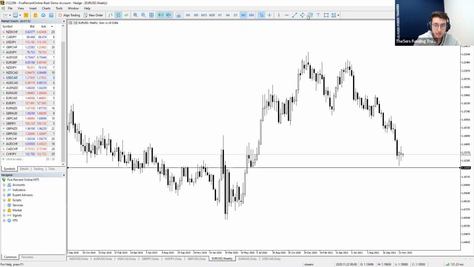Okay, and actually, you see this little movement here. It's exactly the move above that we see. So this zone here is exactly the zone that I will come back to on TradingView in order to show you.